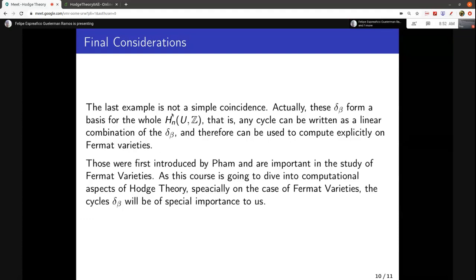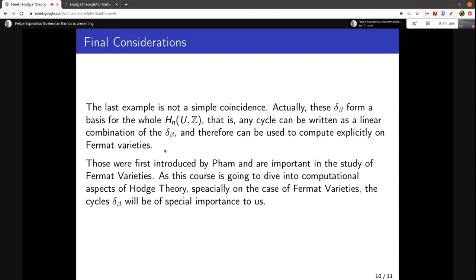So for example, we know that if we consider this Hn, and if we look, this is like an affine chart. If we look at the projective variety, these delta betas can be included there. And as this projective variety is compact, we can always consider a bilinear form on this Hn, right?